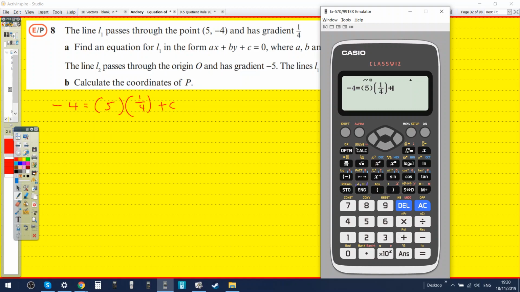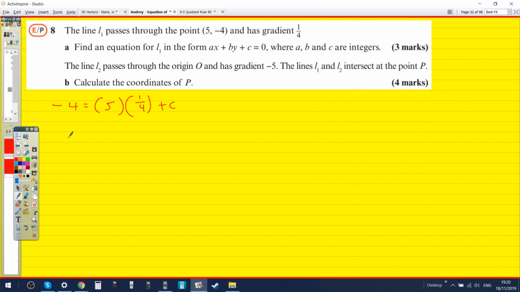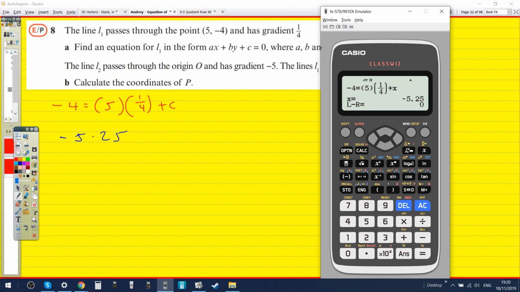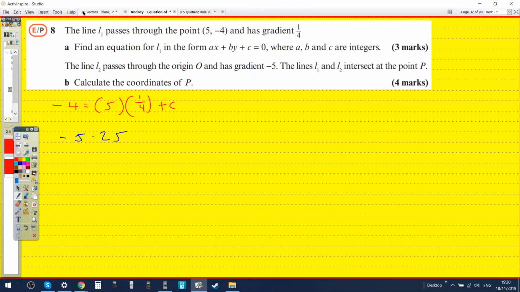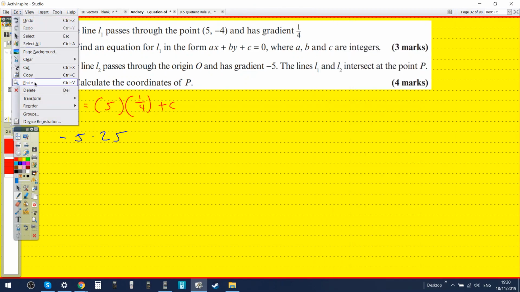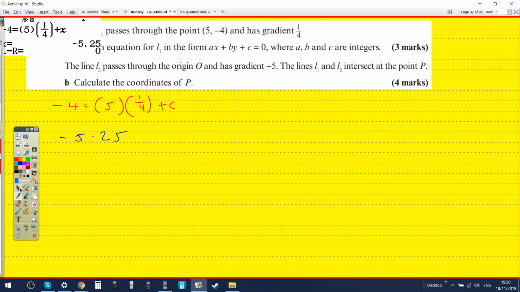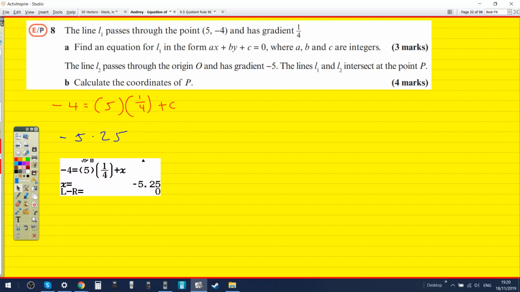I got minus 5.25. And so the equation of the line is y equals a quarter x minus 5.25.